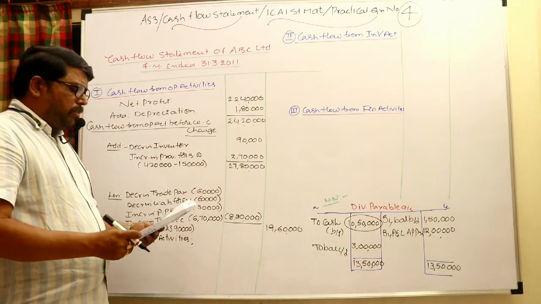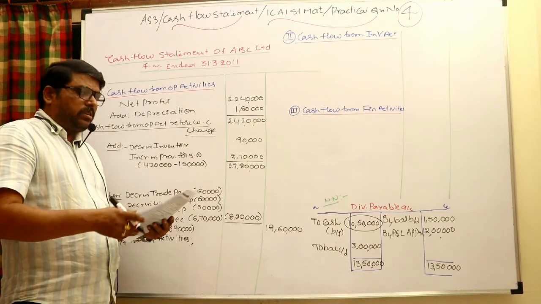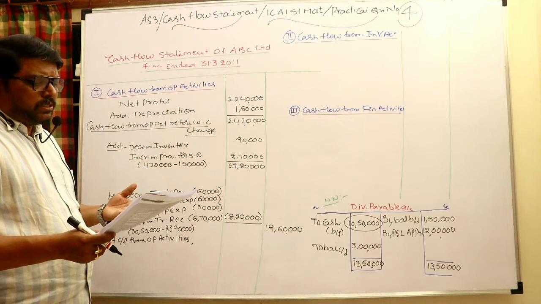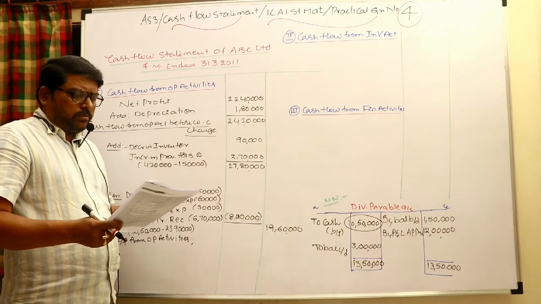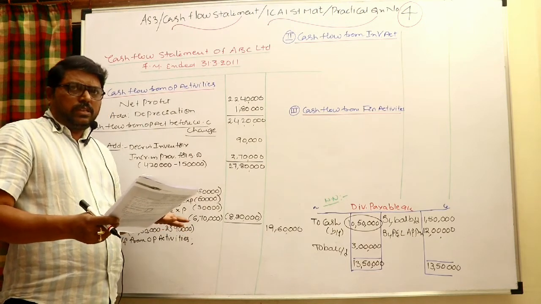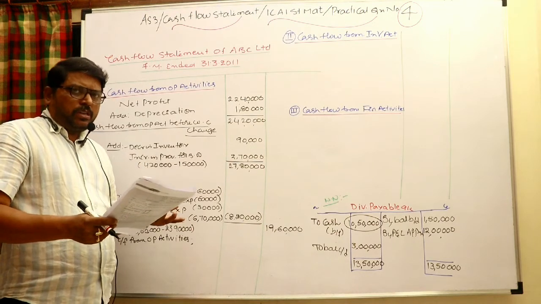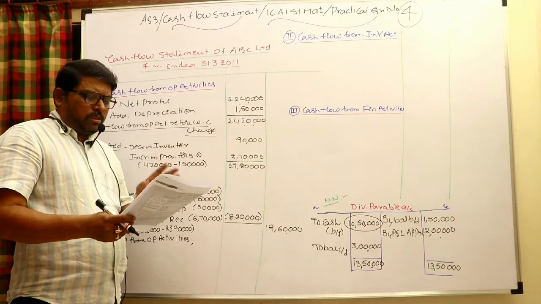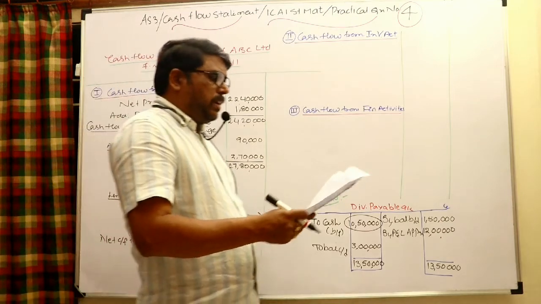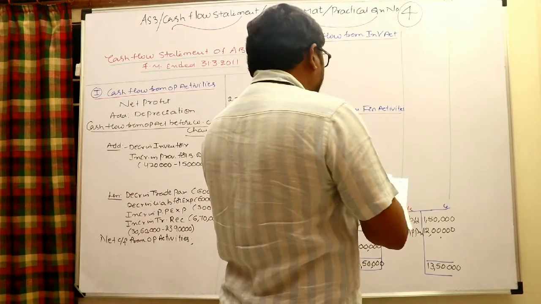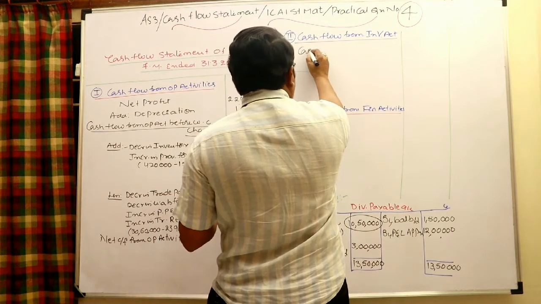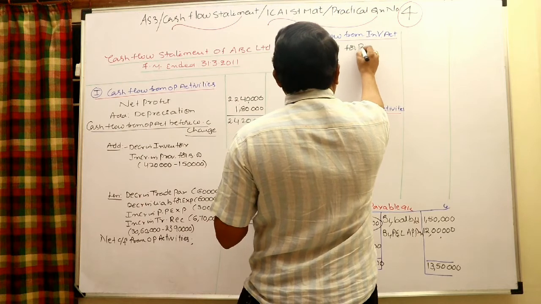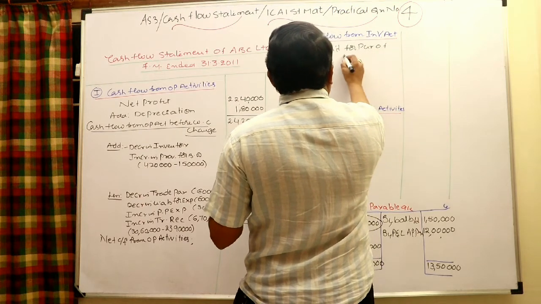Next, cash flow from investing activities: purchase of assets and investments, sale of assets and investments, and interest and dividend received. Interest and dividend received, nowhere can you see here. No information related to investments, but there is a change in fixed assets, which looks like cash paid for purchase of plant and machinery. Only one activity.